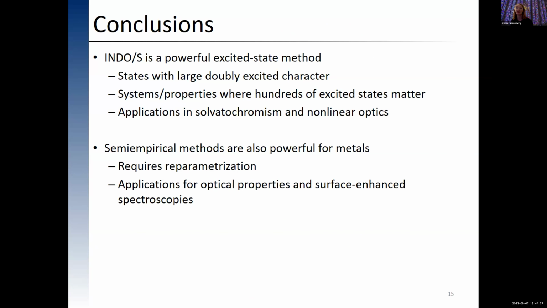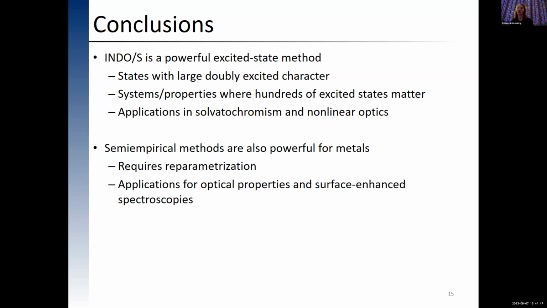So in summary, I think this INDO-S is a really powerful and underappreciated method for a number of things. States with doubly excited character, it's a really powerful method of at least getting reasonable results very quickly.